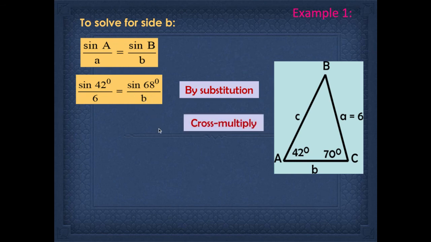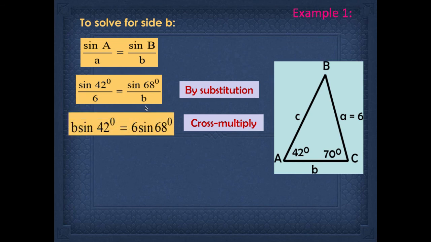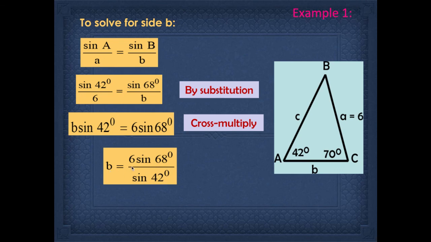By cross multiplication, we have b times sine 42 degrees equals 6 times sine 68 degrees. To solve for b, we divide both sides by sine 42 degrees. So b equals 6 sine 68 degrees all over sine 42 degrees, and that will give us a value of 8.31. So the length of side b is 8.31, rounded off to 2 decimal places.